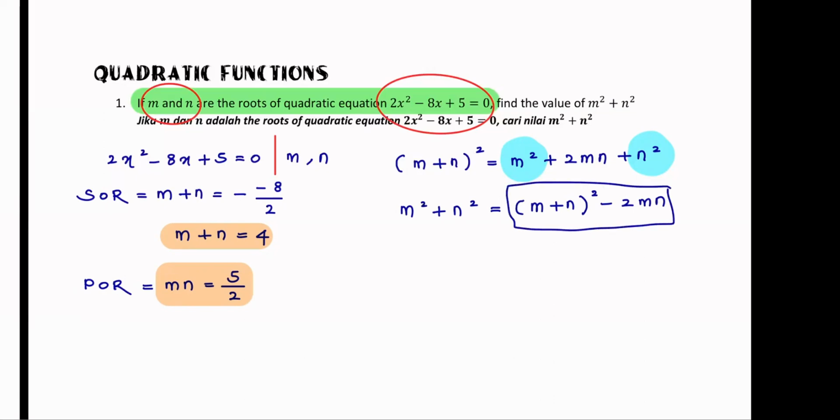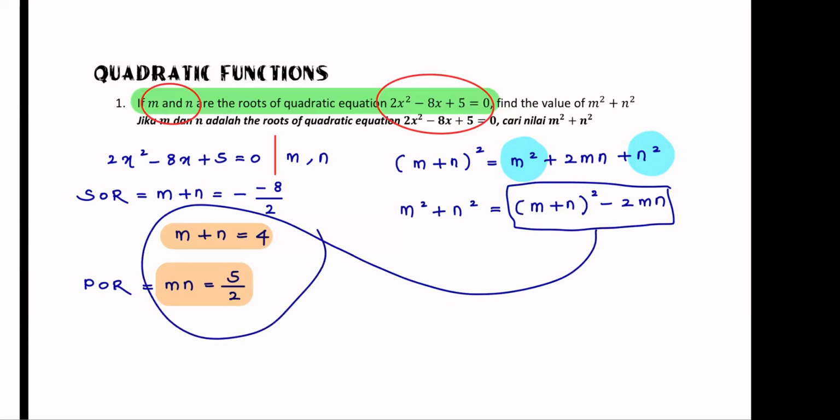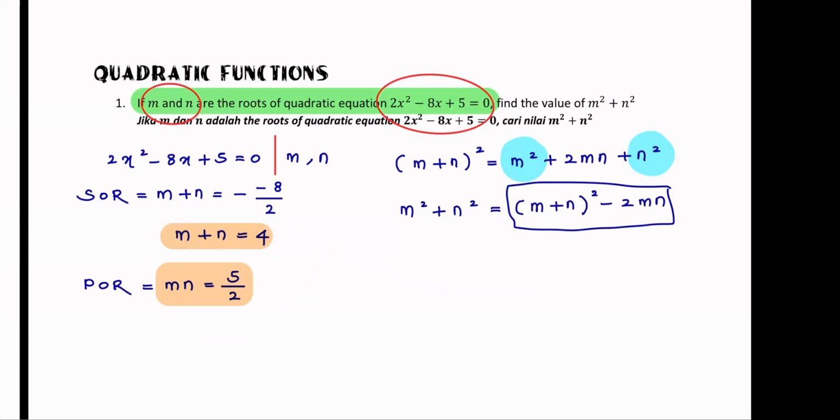And the best part is semua nilai ni sudah ada kat sini. So ganti dalam dia. So your M plus N is 4, minus 2, your MN is 5.